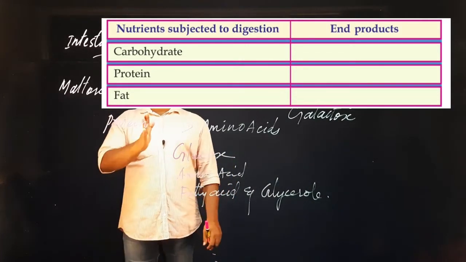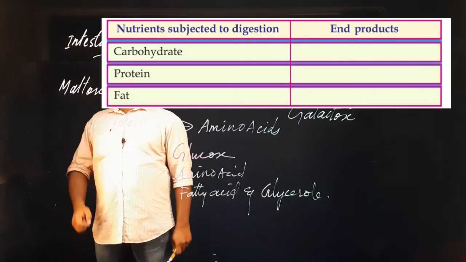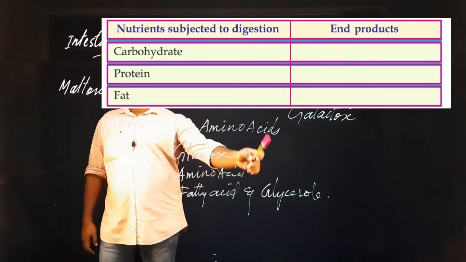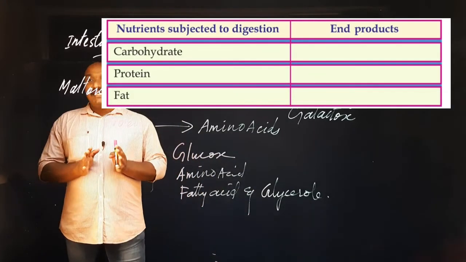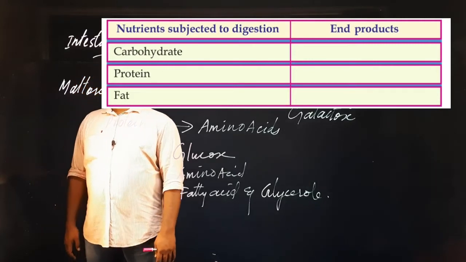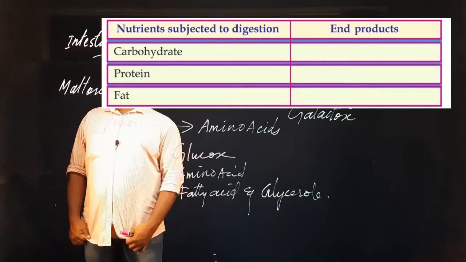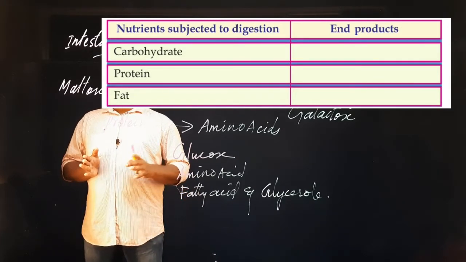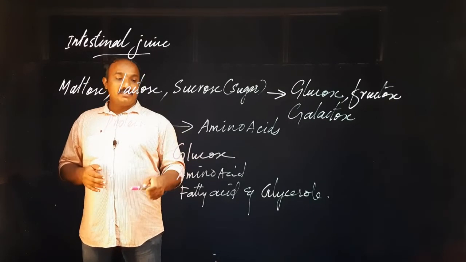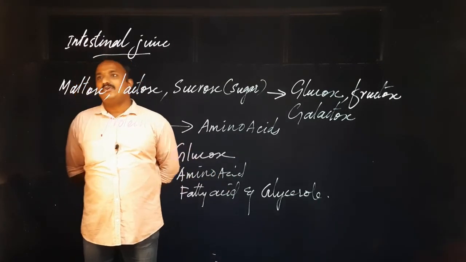Glucose is the end product of what? Carbohydrate. Amino acid is the end product of what? Protein. Fatty acid and glycerol are the end product of what? Fat. So the end product of which item is this? That is to be studied. Carbohydrate, after digestion, glucose is formed. Protein, after digestion, amino acid is formed. Fat, after its digestion, fatty acid and glycerol are formed.